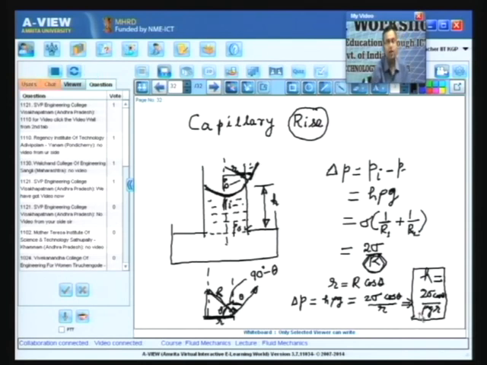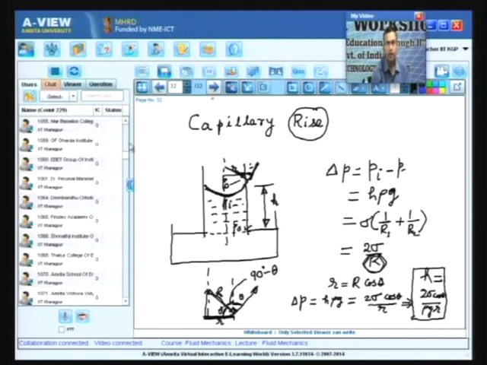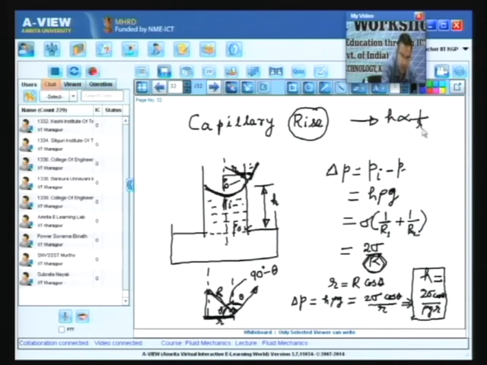Now, let us try to analyze this formula. If we are trying to analyze this formula, we have to keep certain points into consideration. First point is H is proportional to 1 by r.